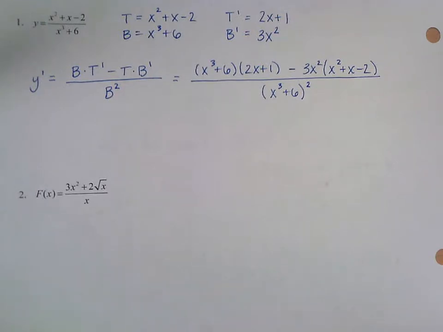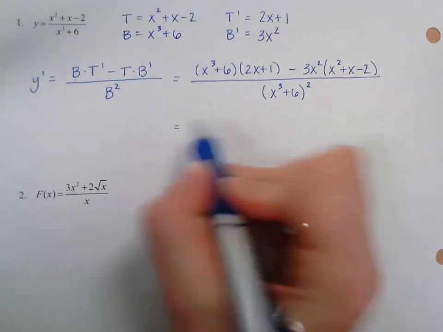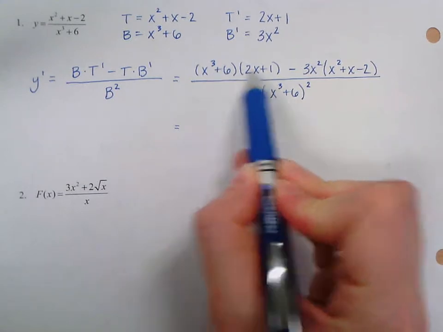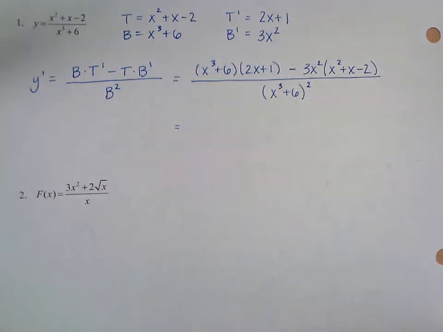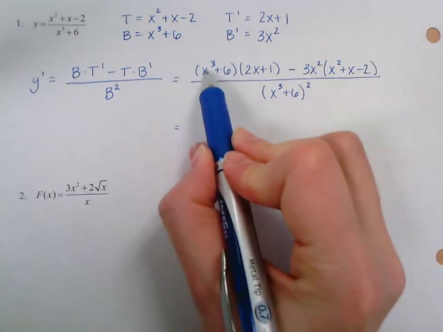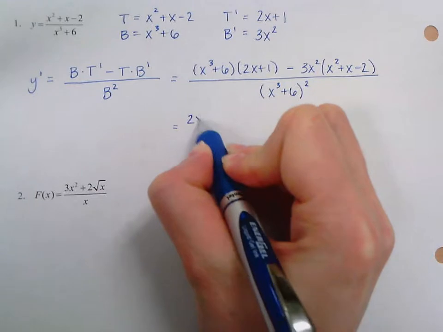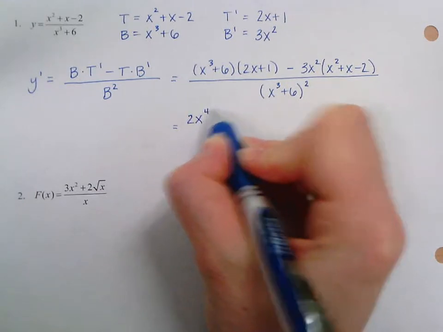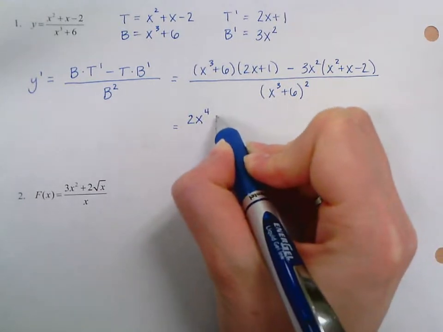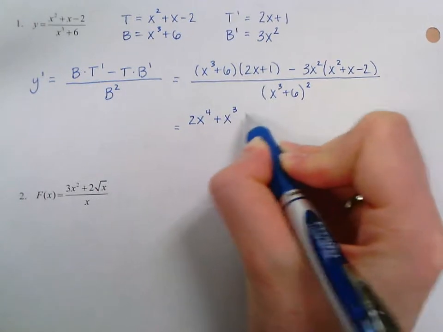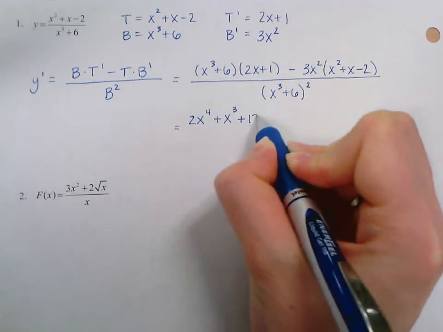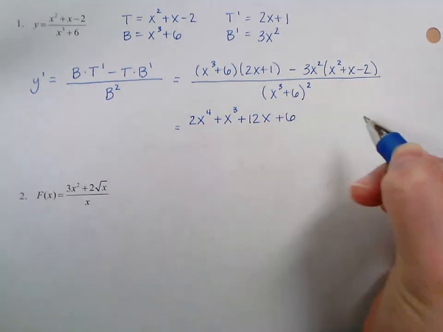So if I wanted to simplify the numerator, I'd have to FOIL here, distribute here, and then combine like terms. So here if I FOIL, I would have 2x to the 4th plus x cubed plus 12x plus 6.